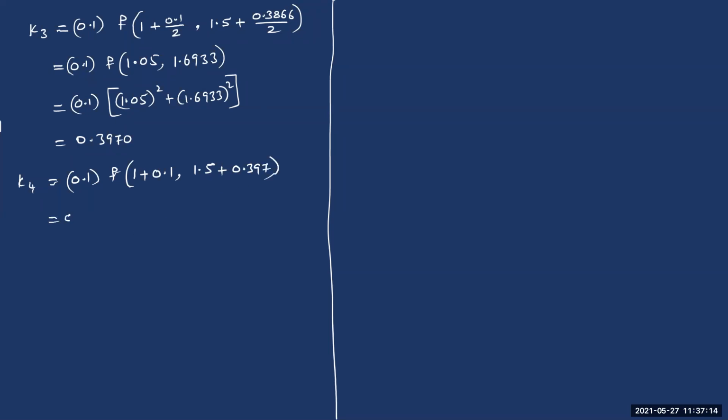So this is equal to 0.1 into, see how much it is, f of 1.1 comma 1.5 plus this, you see, 1.897. Then it is equal to 0.1 times 1.1 whole square plus 1.897 whole square.